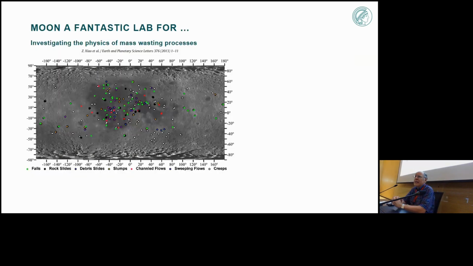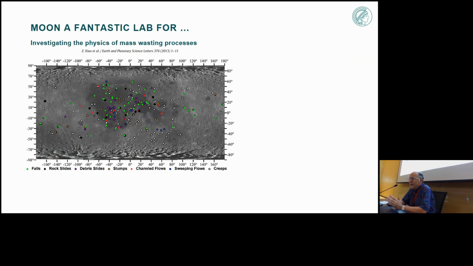Now, several teams and groups have tried to summarize what we have observed on the moon in terms of falls, rock slides, debris slides, slumps, flows, sweeping flows, creeps, and so on. So we have these types of maps, and as the former image showed you, it's a highly complex process.